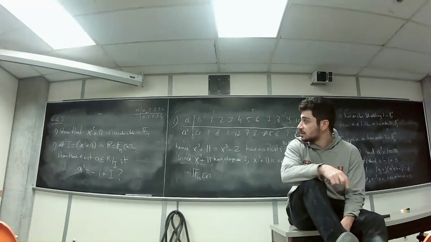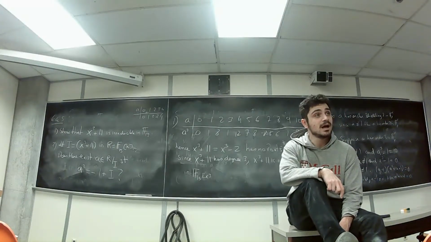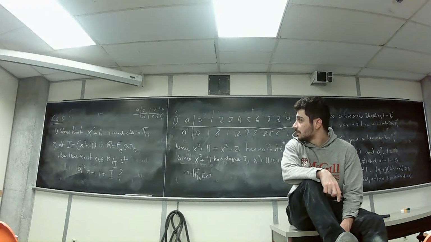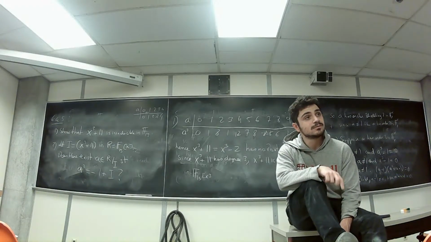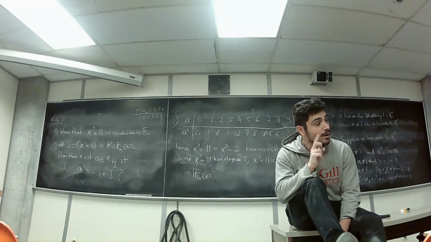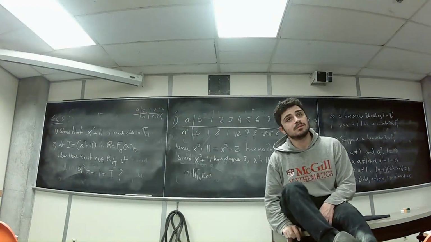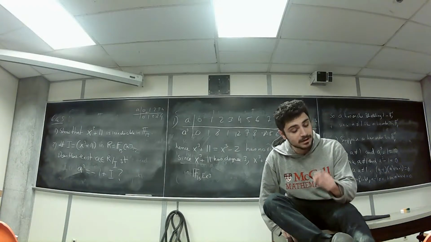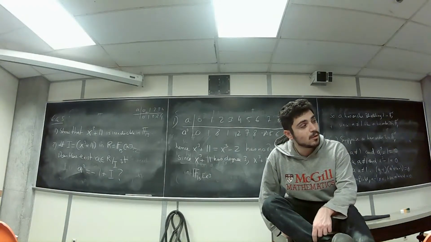Now, what is the group of units of the field? R mod I star. How many elements does it have? 13 cubed minus 1, right? Now, what would the order of a be? If a squared is minus 1, what is the order of a? 4.